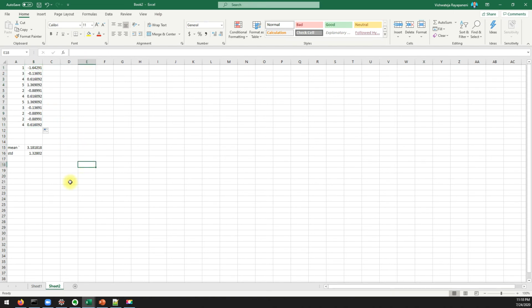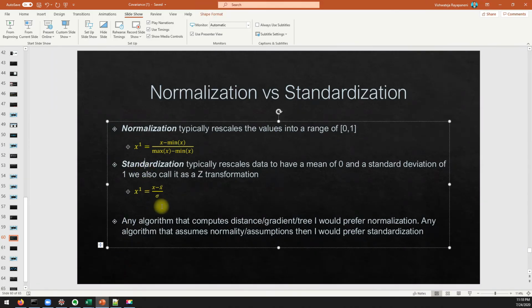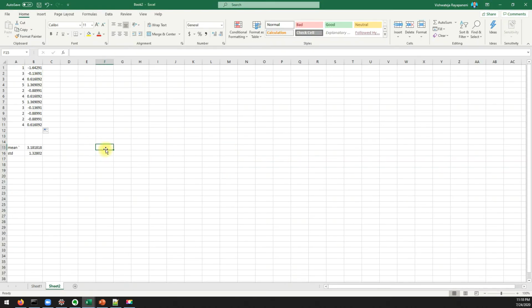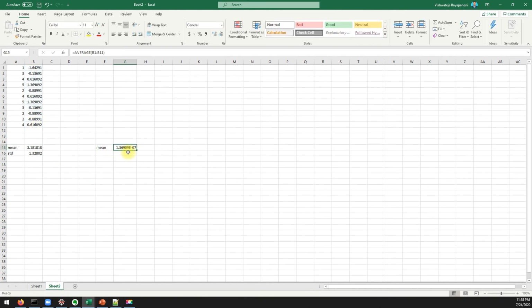Now, as I said, one of the major outcomes of standardization is that it makes your mean 0 and your standard deviation 1. Let's calculate the mean and the standard deviation of the data after scaling. So the average, yeah, it's almost 0. It's 0 actually.